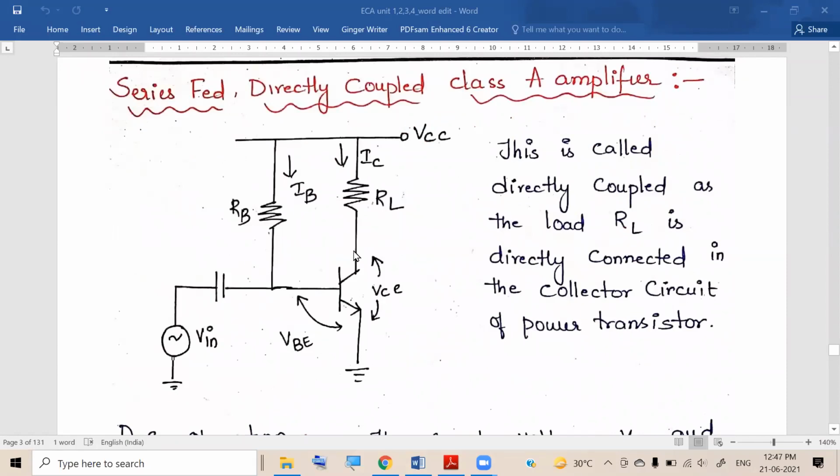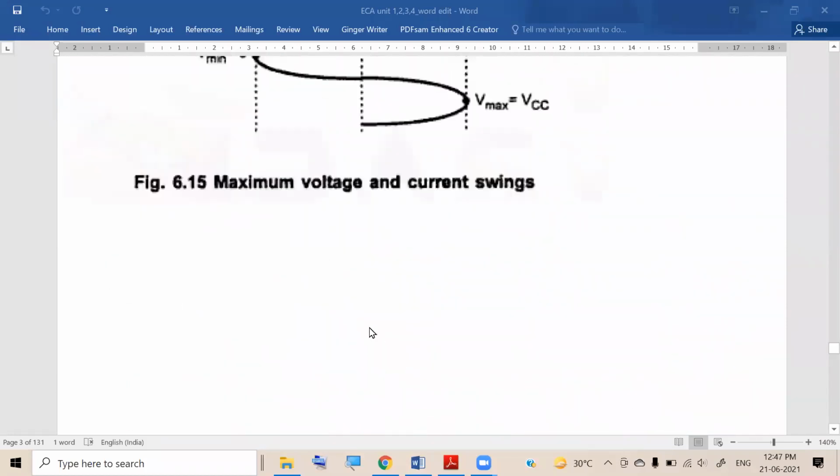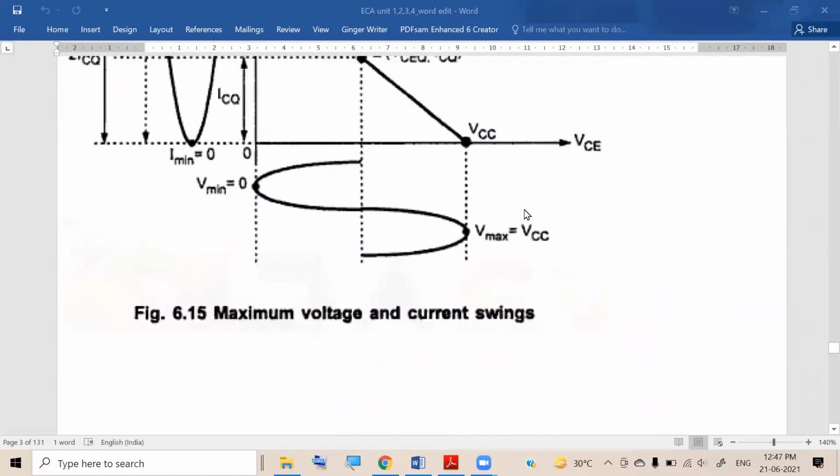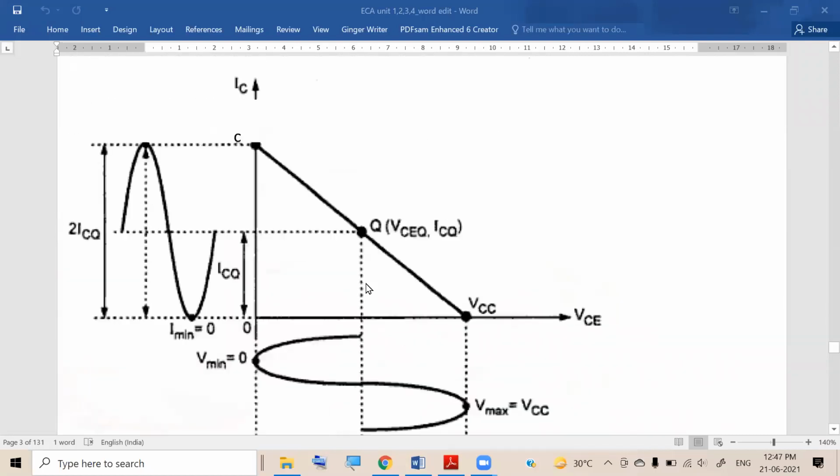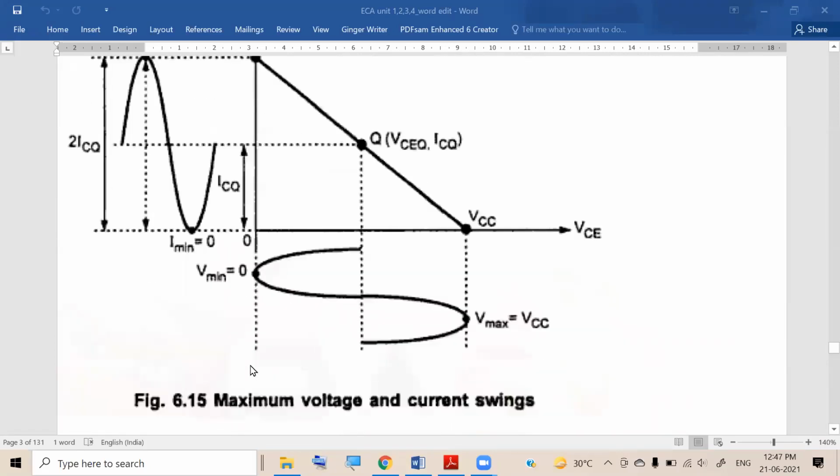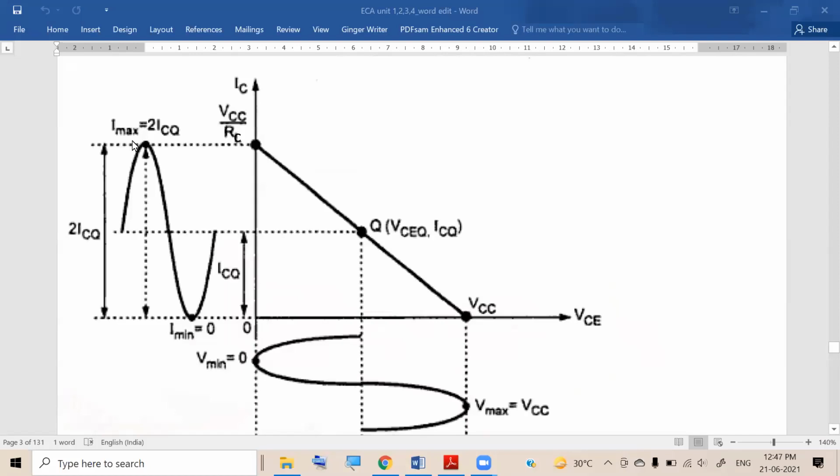So VCE, VC minus VE, you can say it as VC. So Vmax is the maximum instantaneous collector voltage, Vmin is the minimum instantaneous collector voltage, Imax is the maximum instantaneous collector current, and Imin is the minimum instantaneous collector current.